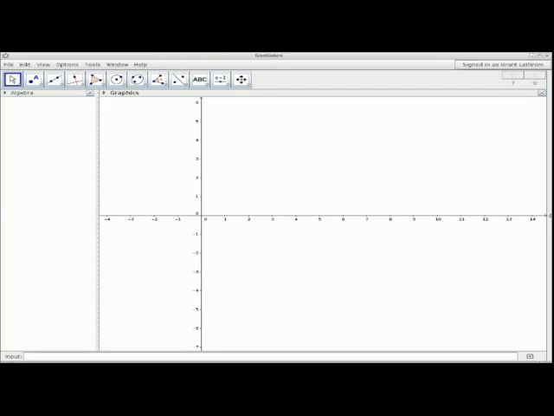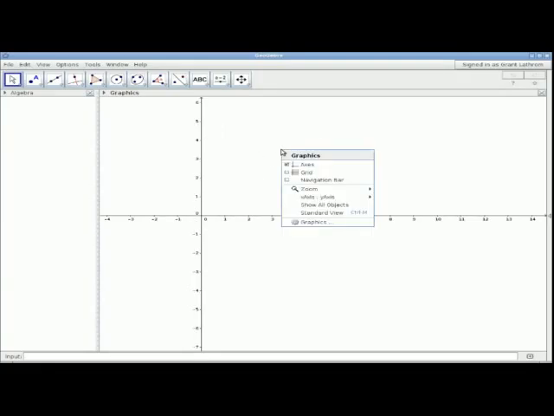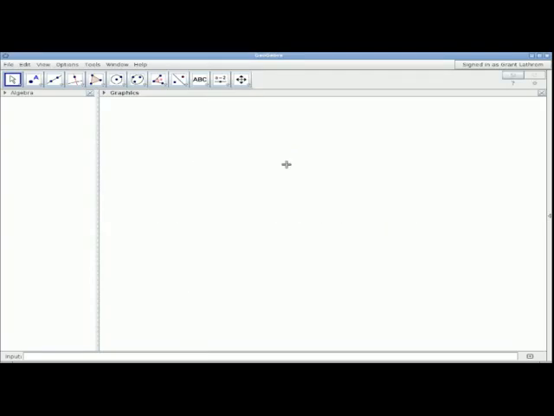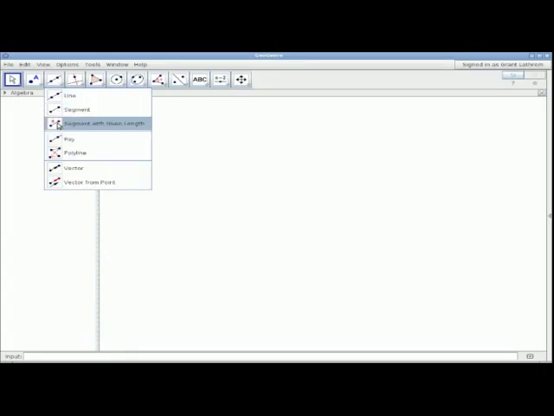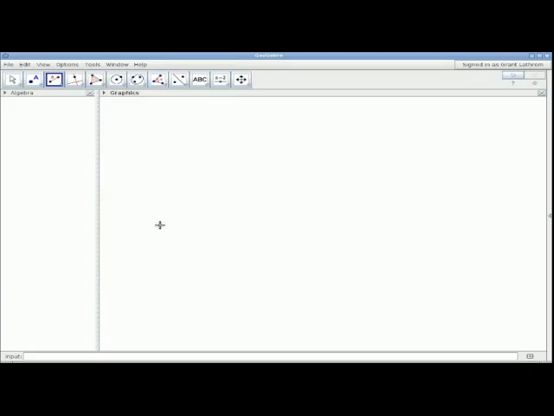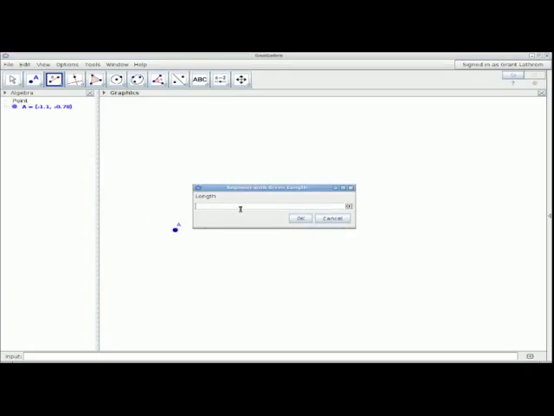Okay, so here we are in Geogebra. We want to construct just a general triangle. I don't really need these X and Y axes, so I'll right click and get rid of those. Now I need a line segment that's a certain length. So I'll click the line segment of a given length tool, and I need that line segment to be of length 9.1.